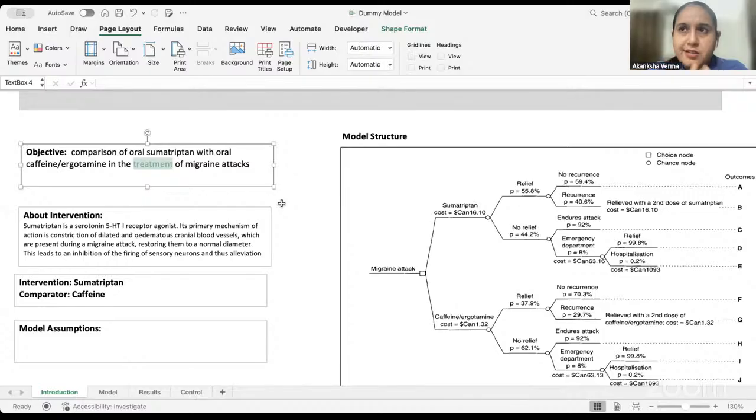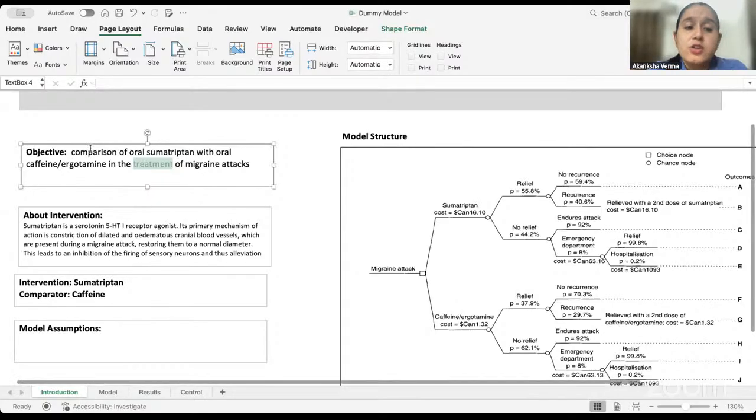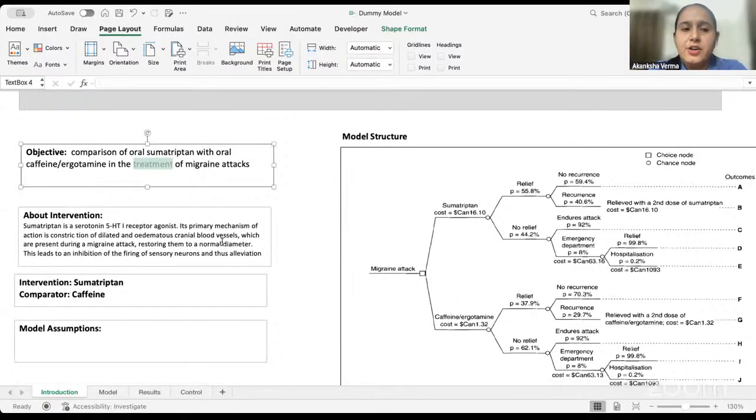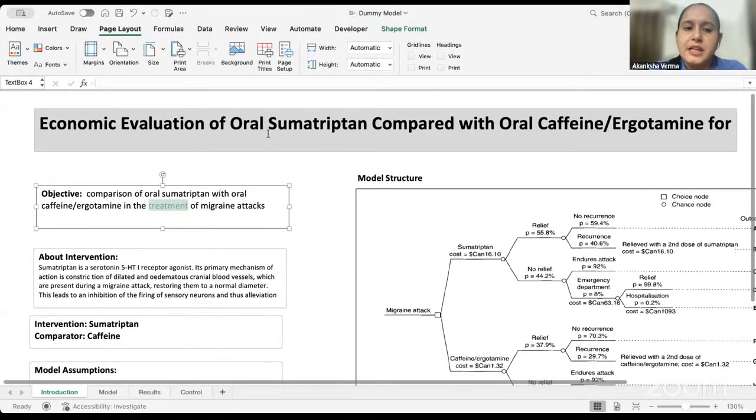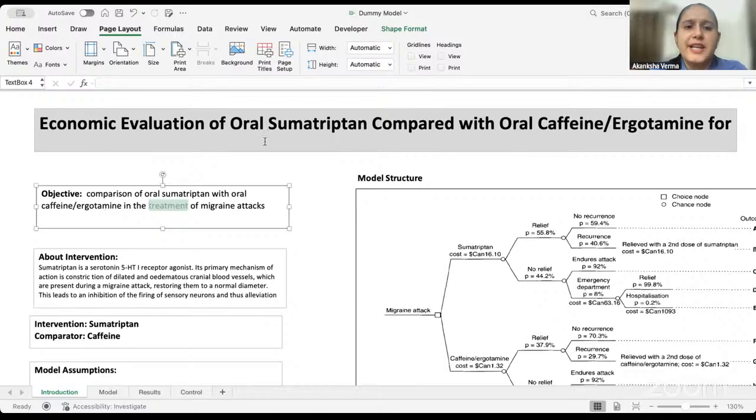You divide your model into different sheets, or you can have it in one place. For ease of understanding, I have made the model in one place only. The introductory sheet of the model usually has the title of the study and your objective.